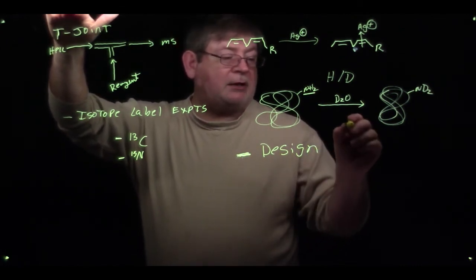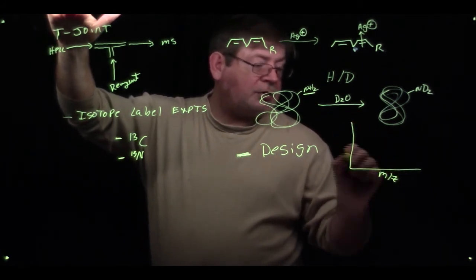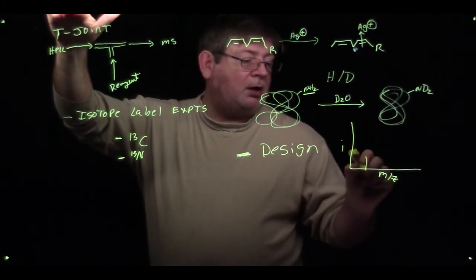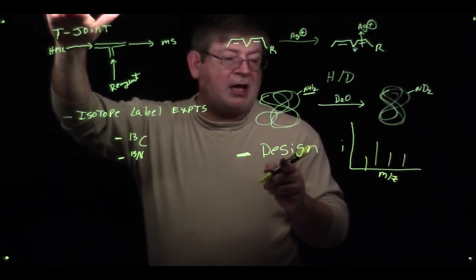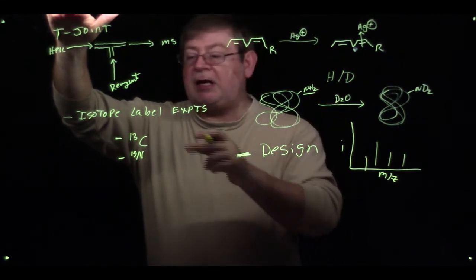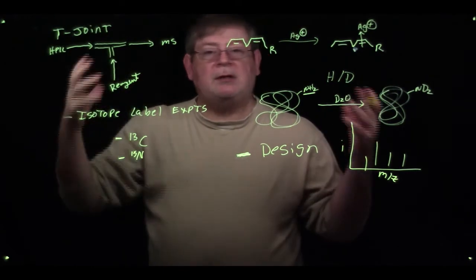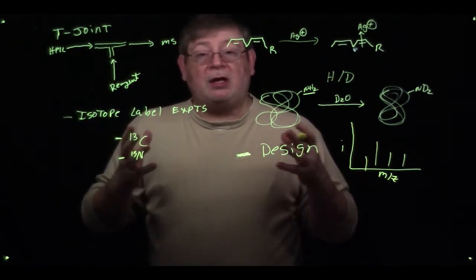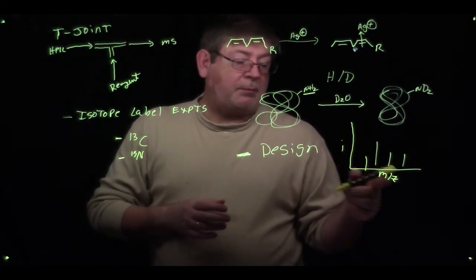Remember in the first lecture I told you that in a mass spec all you really get is the mass to charge and intensity ratio of a series of peaks in the mass spectrum. But with clever design, using hydrogen deuterium exchange, using C13 or N15 labeling, T-joint experiments, those types of things, you can get a lot more information out of mass spectrometry than just these simple two variables.